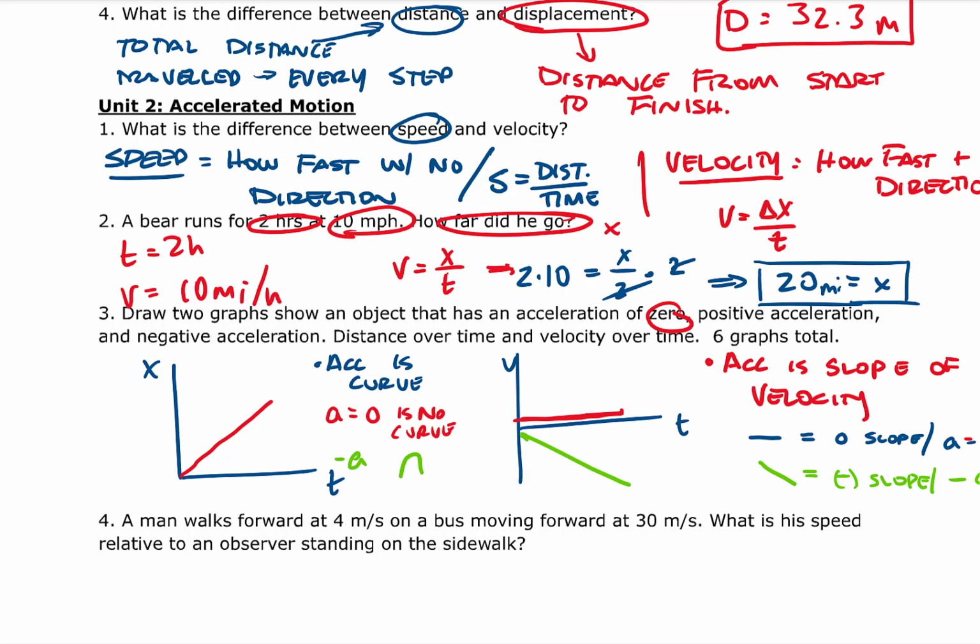And this one we're moving backwards, so negative acceleration is going to look like that. Positive acceleration is positive slope. So an upward slope is positive slope. That's positive acceleration. And then positive acceleration over here is some kind of happy face. Because I have positive velocity the whole time we're moving forward, it's going to look like that.